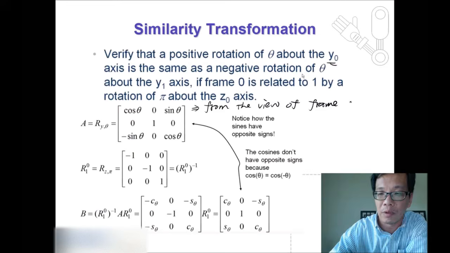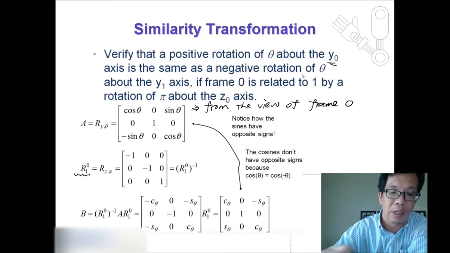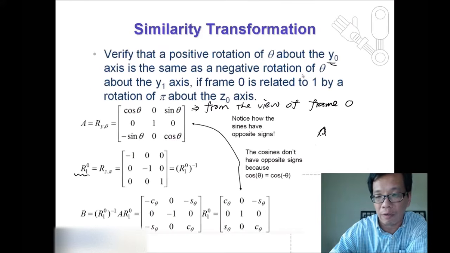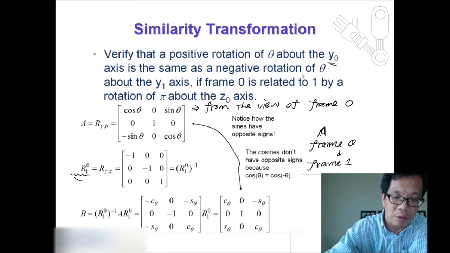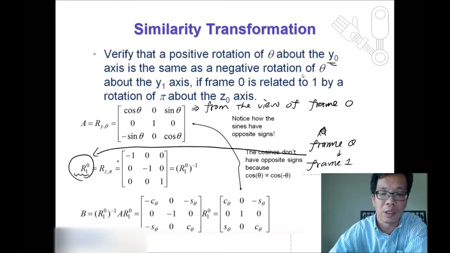Okay. Now, if we do know that from frame 0 to frame 1, we do need to have a transformation matrix using this one.